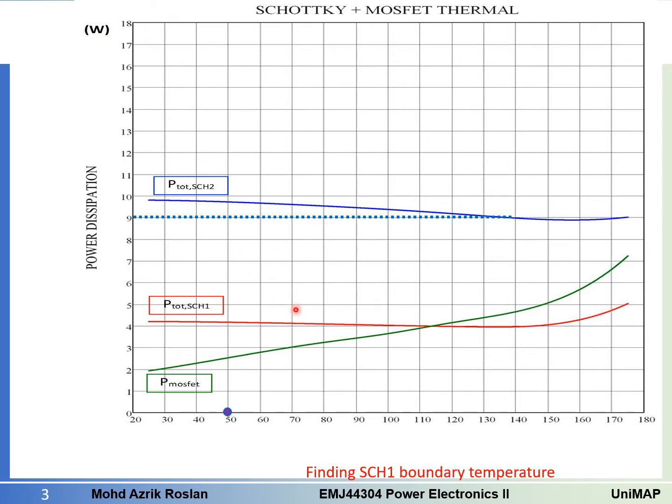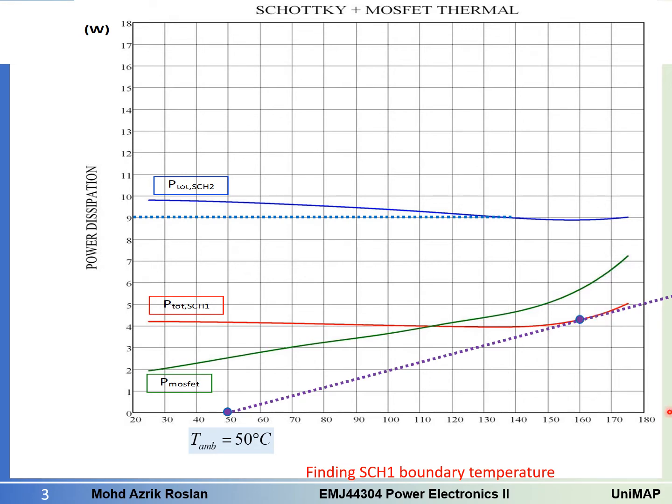To find the boundary temperature, first we mark here the ambient temperature, which is given at 50 degrees C, and then we draw a straight line to this curve. This line will touch only one point of this curve.